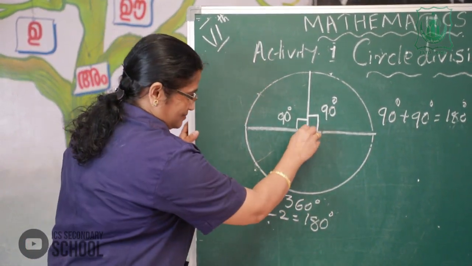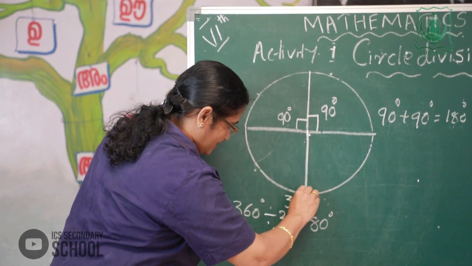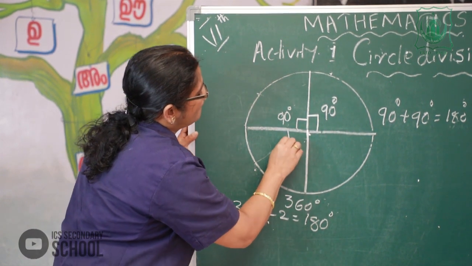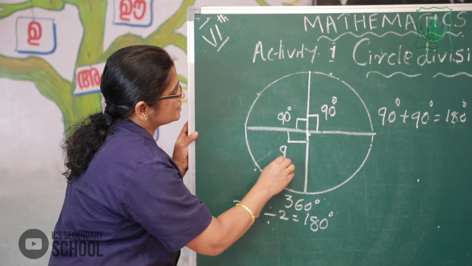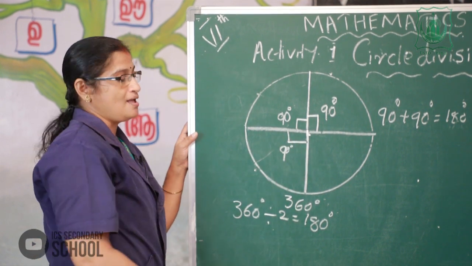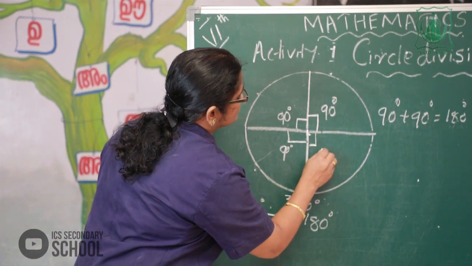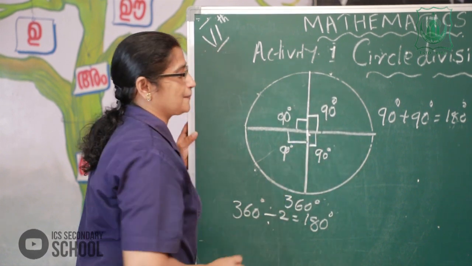Okay, and next, the circle divided: this part is 90 degrees and this part is 90 degrees.